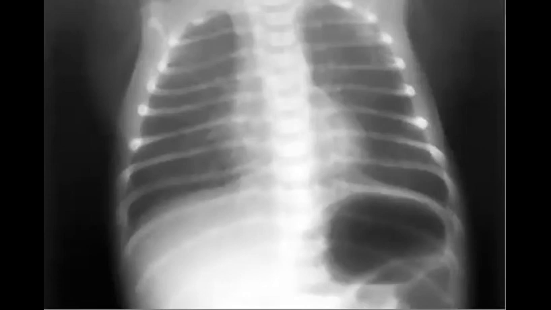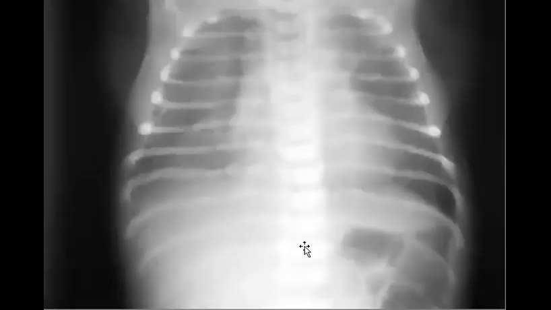Yeah. So your differential will be transient tachypnea of newborn, or meconium aspiration. Marwa, welcome back. You were absent many times, but okay, welcome.